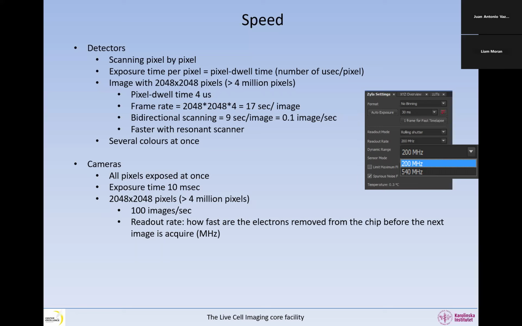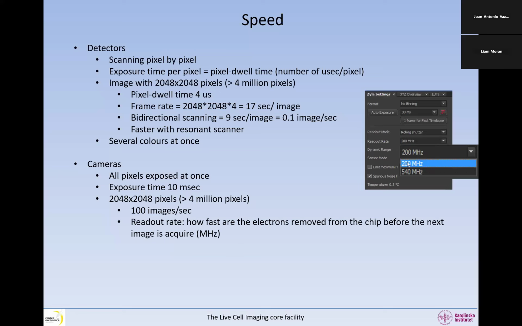Once we get some photons, there's this detection of electrons and the amplification step, and then we have the reading of the voltage. And this empties all the electrons to reset the chip before we get the next image. We have to go back to ground level, let's say. So how fast this process of removing the electrons from the chip is done, this is the readout rate. And this is before the next image is acquired.